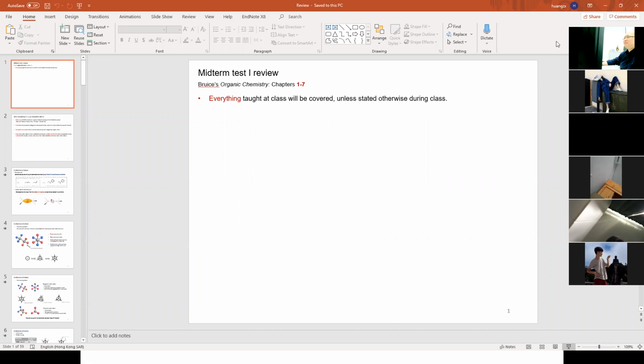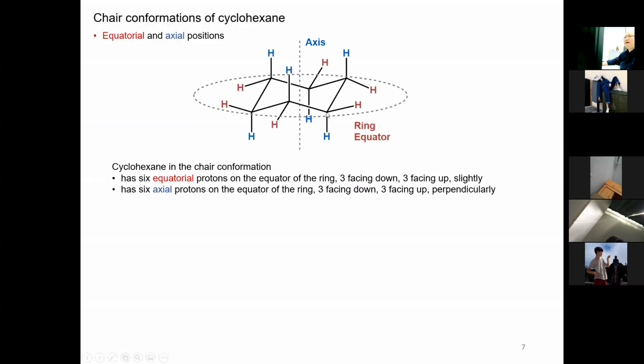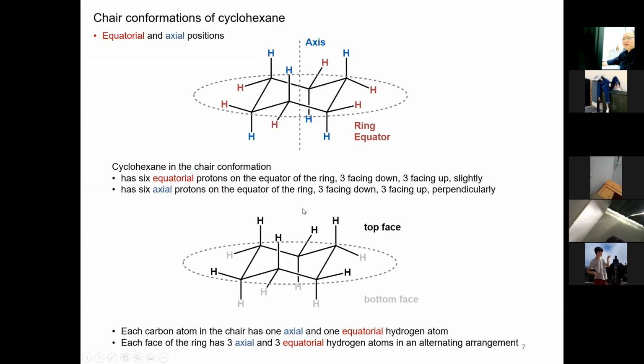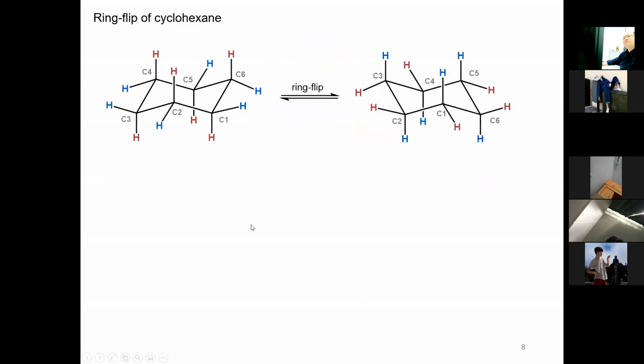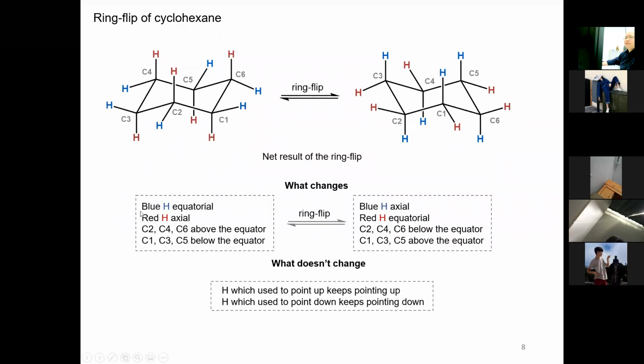So we have top face, bottom face, ring flip. Very important concept. Carbon 6 goes to here, carbon 3 goes to here, and all these changes you need to understand. The equatorial becomes axial. But what doesn't change is that an H pointing up keeps pointing up, even though if it's equatorial, it becomes axial.